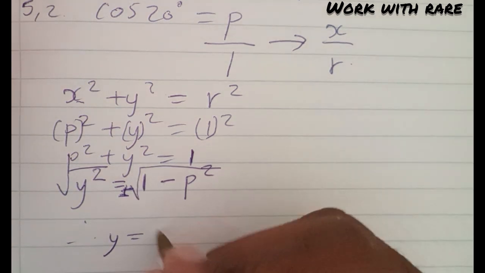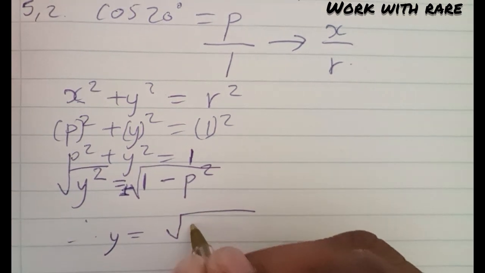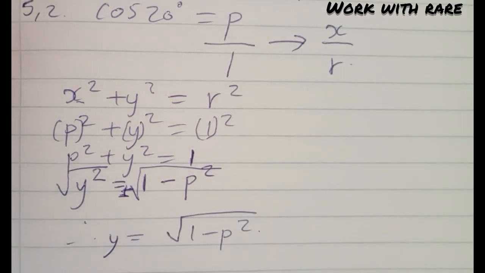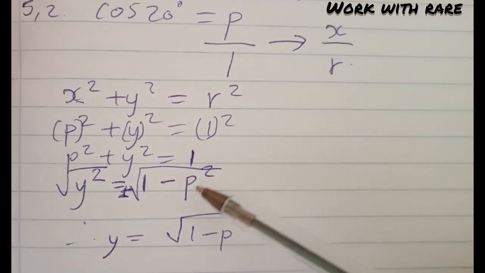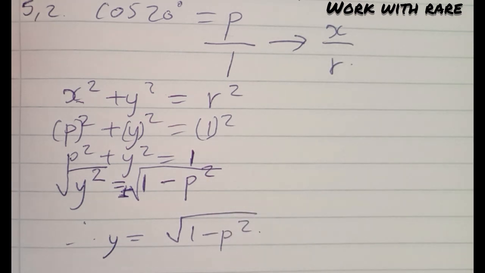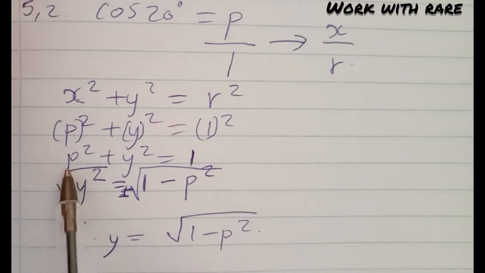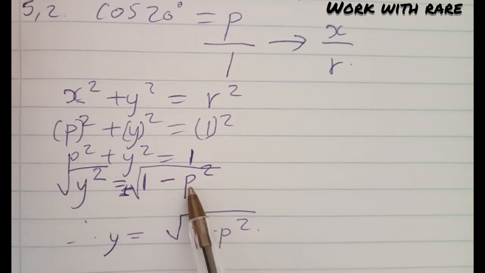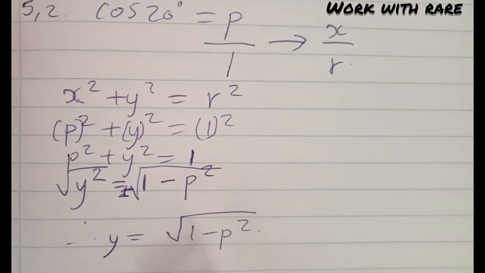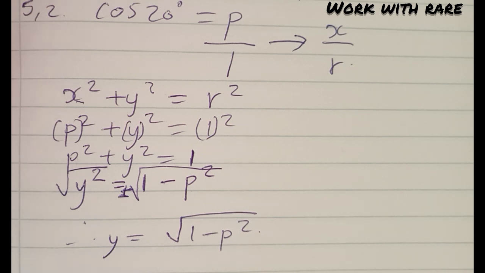So here my y will be positive, so it will be this. You don't break that p squared, because I realize some students, when they see p squared and you square root both sides, they want to remove this 2. No, don't make that mistake. One single mistake, everything will be wrong in your questions.